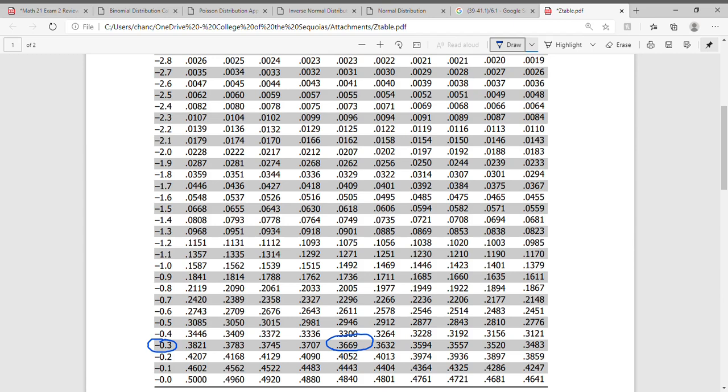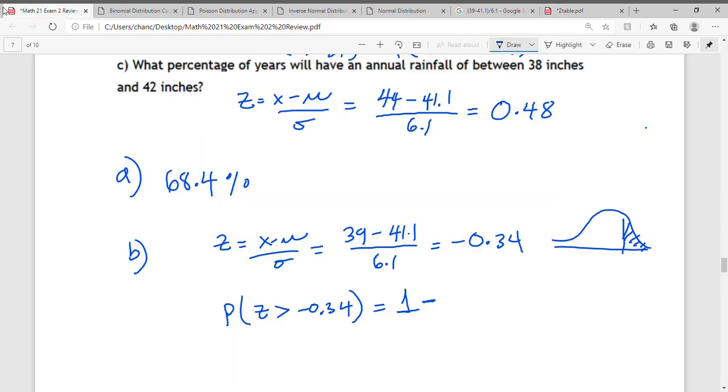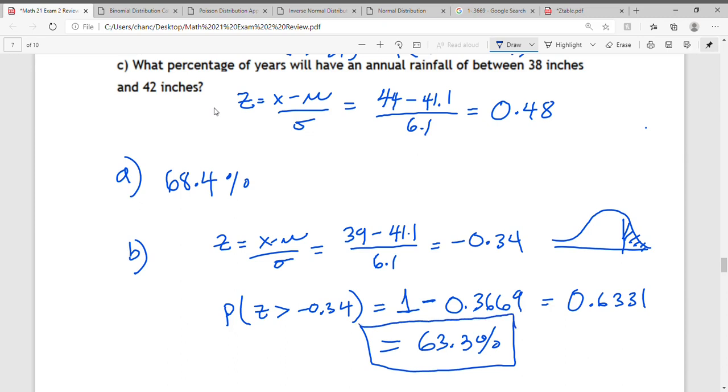We need the area to the right, so we'll have to subtract from 1. 1 minus 0.3669 is equivalent to 0.6331, or 63.3%. For part B, we have 63.3%.